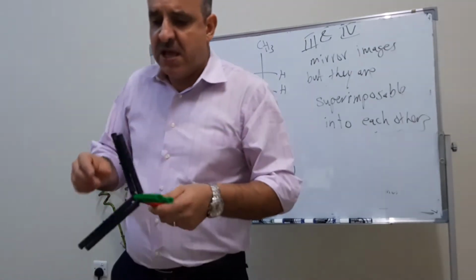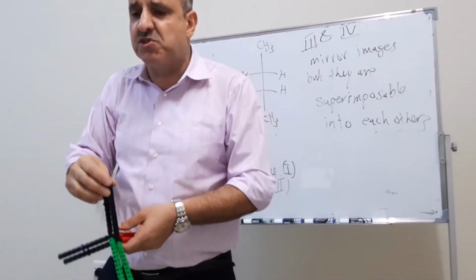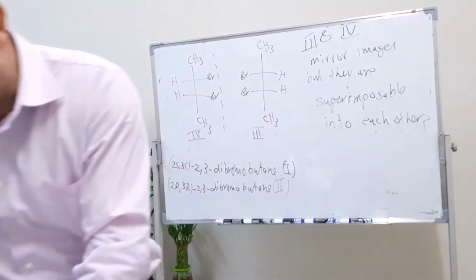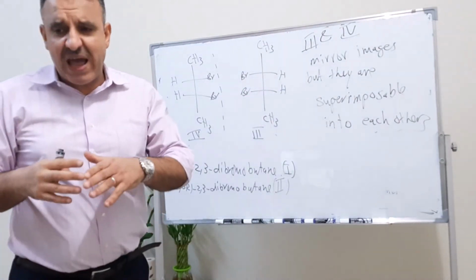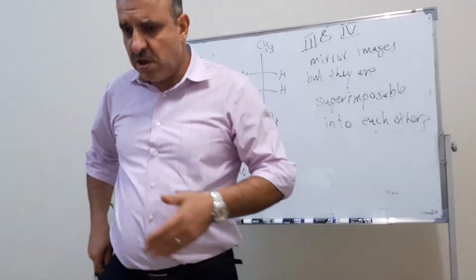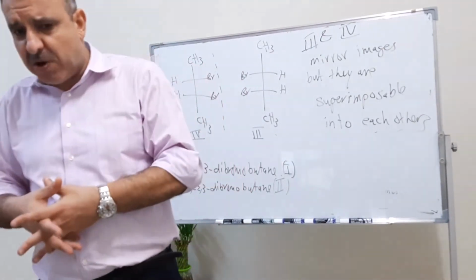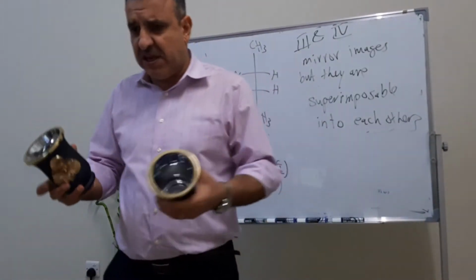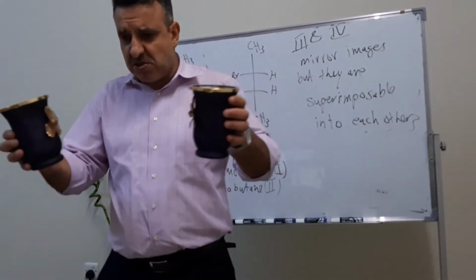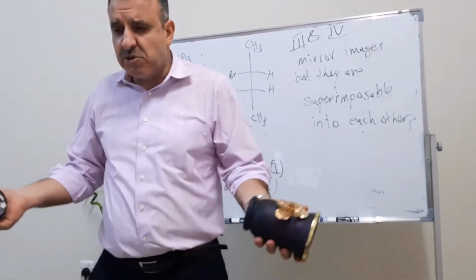Ahmed is correct. They are the same compound because simply they are mirror images, and they are superimposing into each other. It's always true that whenever you have two objects and they are superimposing into each other, then they are the same. For example here, these are mirror images to each other, but if you try to superimpose them, they will superimpose.